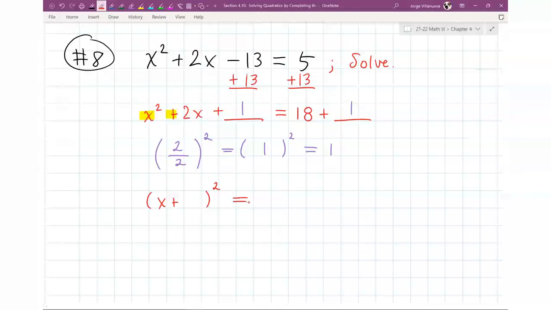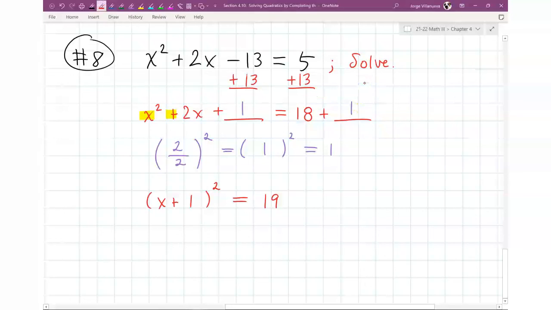Remember, it's the square root of the new c. So yeah, 1. The square root of 1 is 1, right? So I'm going to put 1. On the right side, I put 18 plus 1, so that's 19. That's from right here. 19 comes from right there.